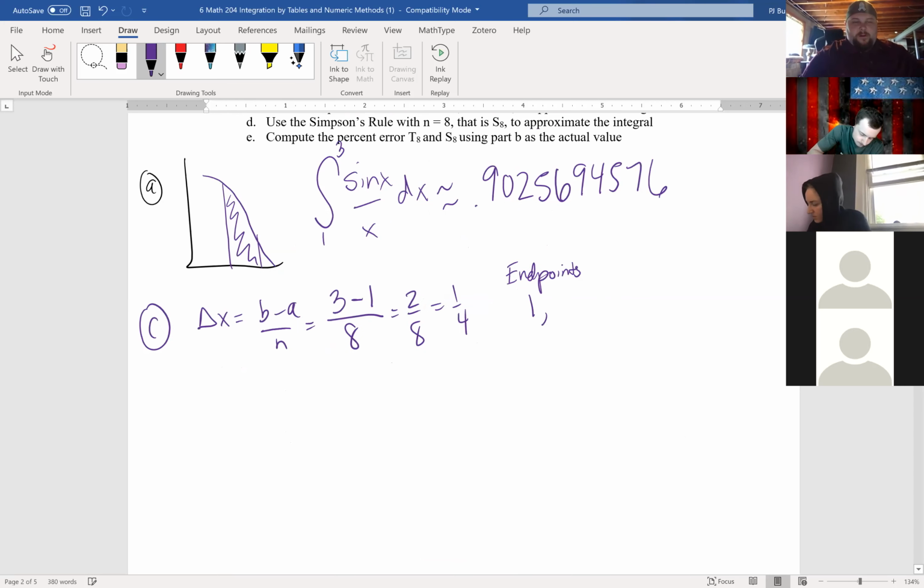Because that's where we start our integral. And if delta x is the thickness, then the next endpoint is 1/4 away from that particular spot. So 1 1/4, or 5/4. And I'll just keep counting up by 1/4 until I get to 3.